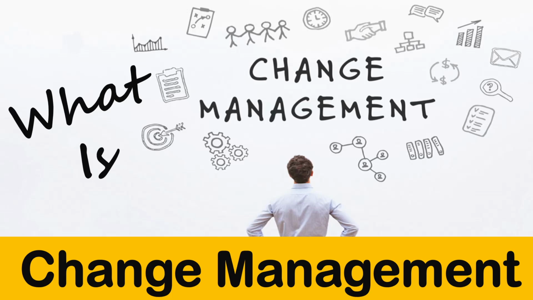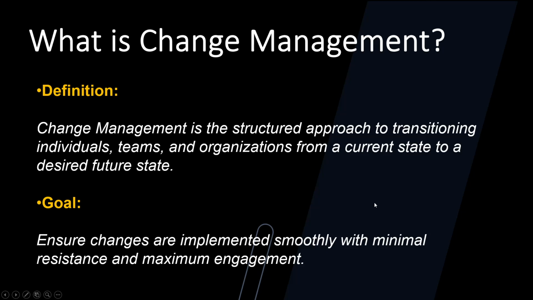So let us see what all things we are going to cover today. So what is change management? It is a structured approach to transitioning individuals, teams, and organizations from a current state to a desired future state. The goal of change management is to ensure changes are implemented smoothly with minimal resistance and maximum engagement.